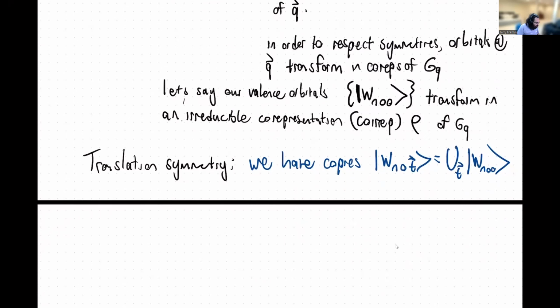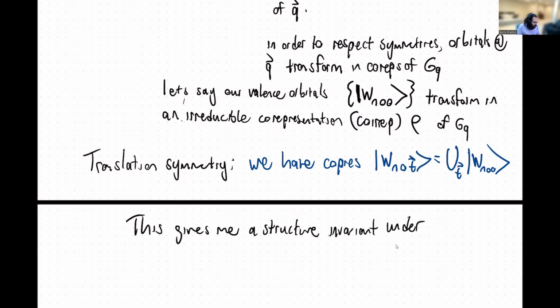If I do this, I have a structure that's invariant under all of my operations G_Q, followed by translation by one Bravais lattice vector or by another Bravais lattice vector.